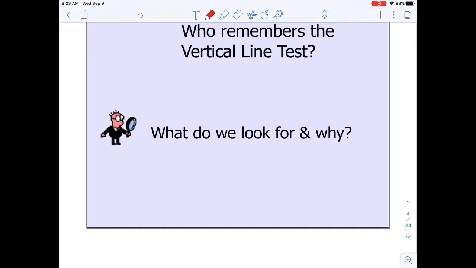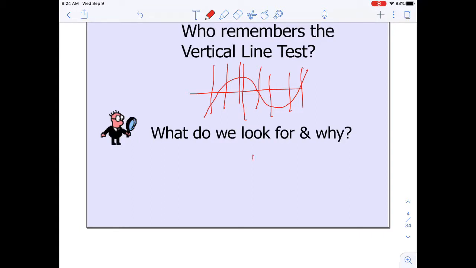Do you remember the vertical line test? The vertical line test says that if you have the graph of a relation, like this would be a relation, and you draw vertical lines, if the vertical line only intersects the curve in one spot, then we know that it is a function.